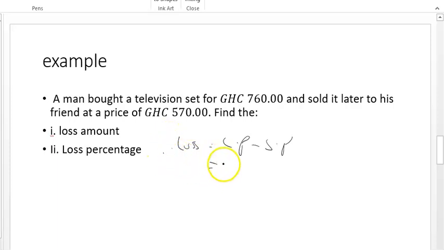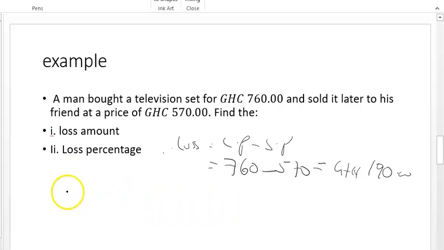The cost price is 760 and the selling price is 570. When you subtract this, you get 190 Ghana cedis. There is a loss made for the business for selling the television.